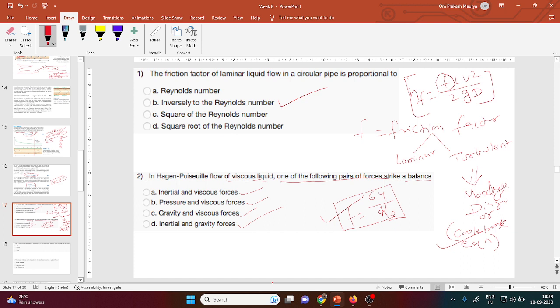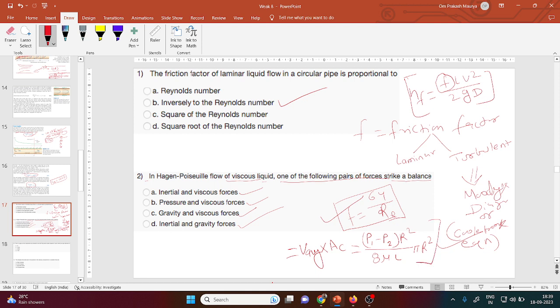Actually, the mass flow rate is the average velocity into the area of cross section. So this equation is like that: pressure 1 minus pressure 2 into R square divided by 8 mu L, times pi r square.